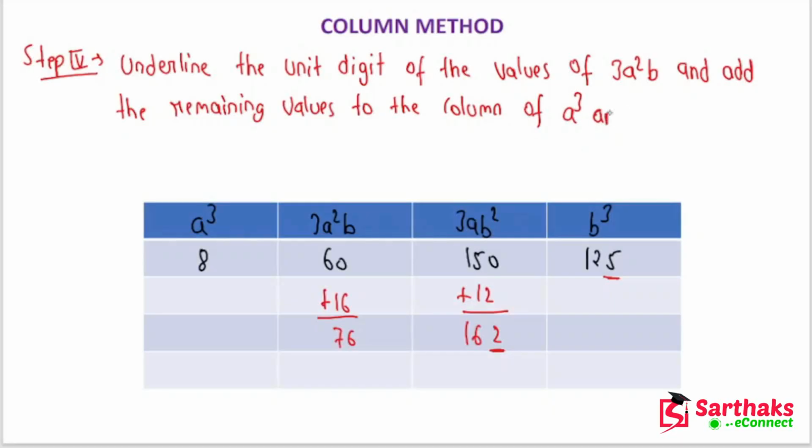So it was expected. Since we are moving leftwards, first of all we underlined this column, then added to this column, then underlined this, then added to this 3a square b, and now we are underlining the unit digit of 3a square b and adding it to the last column, which is a cube.